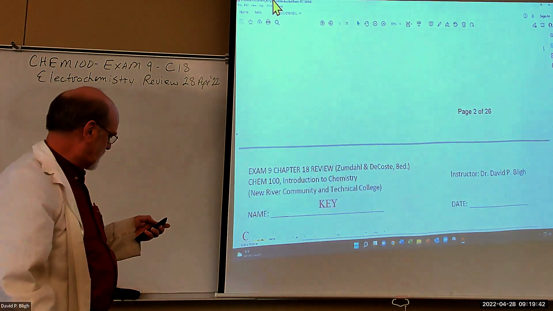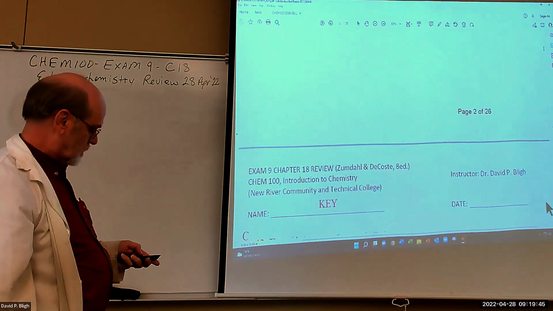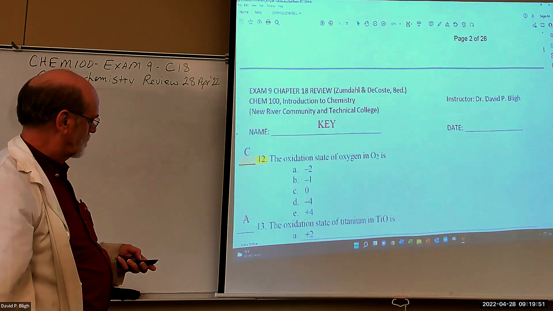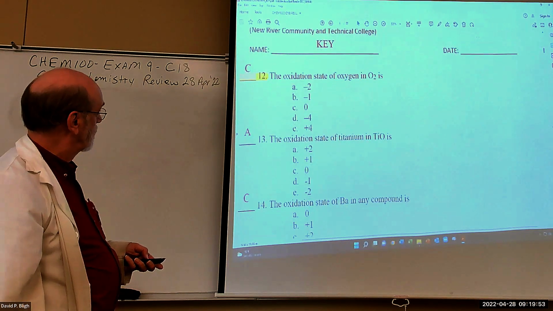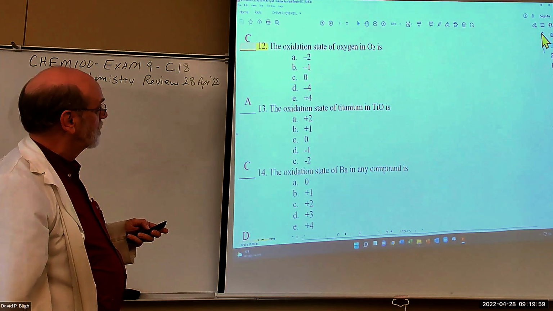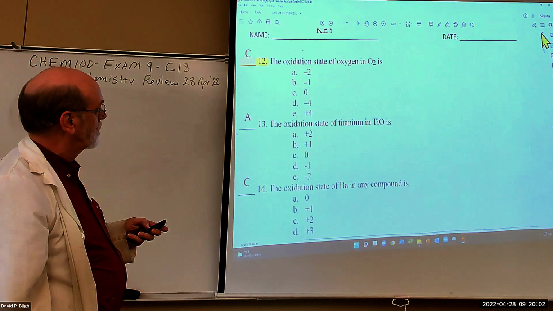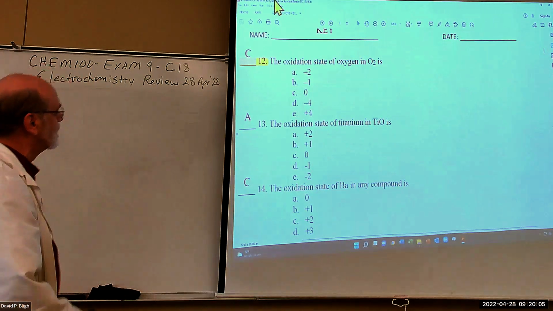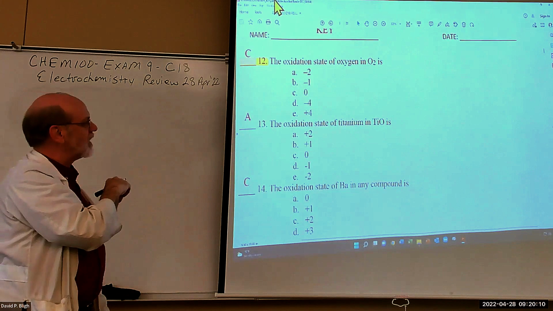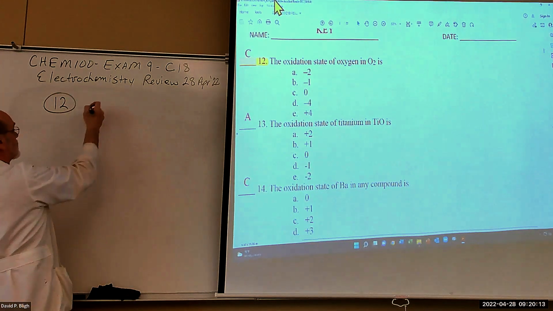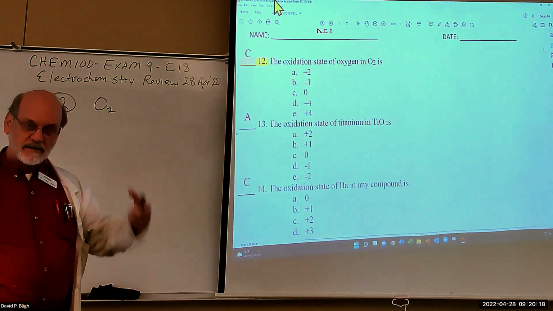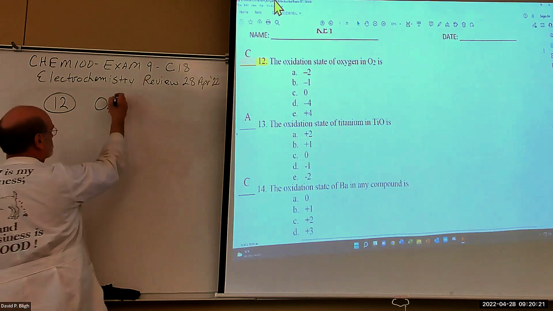11, I've got one peeking down here. I think I better go down and scroll this one. Too far. There we go. Number 12. The oxidation state of oxygen. Now this one is a bona fide diatomic element, which means the oxidation state is 0.